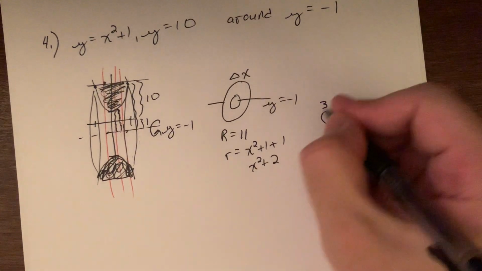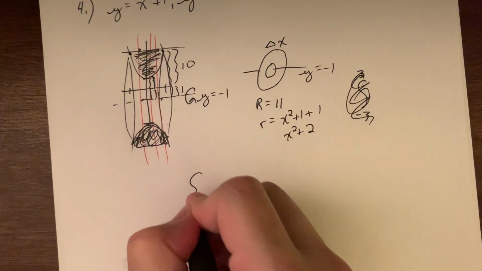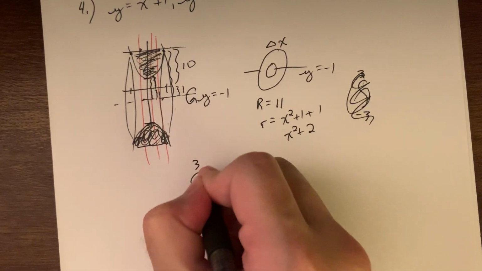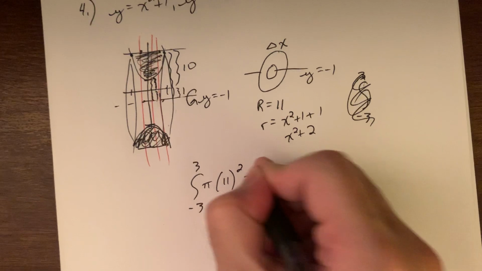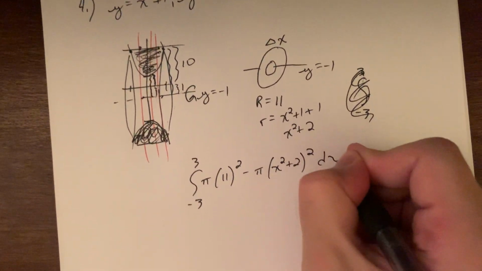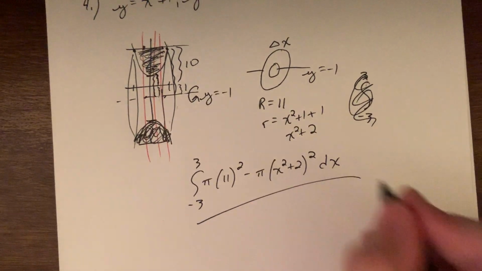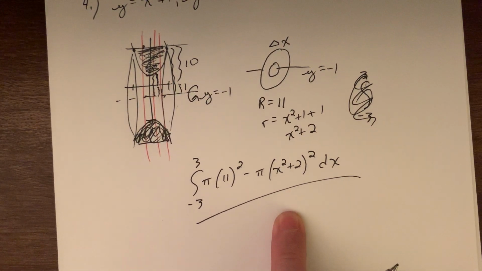But now, actually, let me give myself a little more room here. I'm going to be stuck in the corner, so just come down here. So -3 to 3, pi, cap r squared, minus pi, little r squared dx. There's a setup. That is all we're looking for.